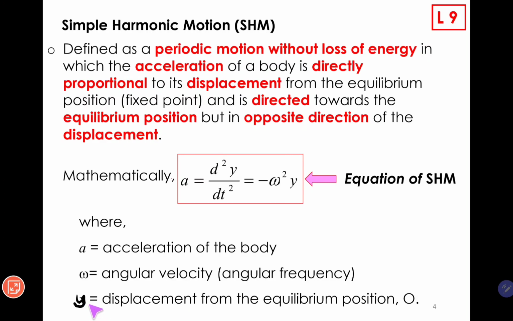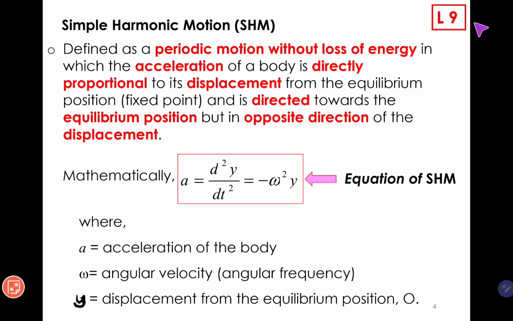Why? To avoid any confusion later, because we have two different displacements later, for the wave in chapter 10. So x represents the wave propagation or distance, and y represents the displacement of the particle. So we just state y as the displacement from the equilibrium position O.